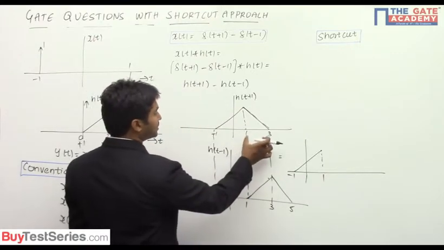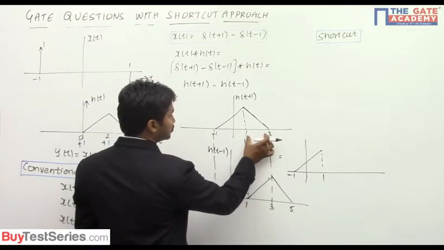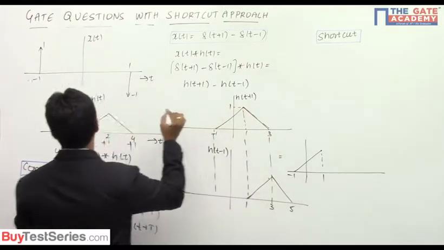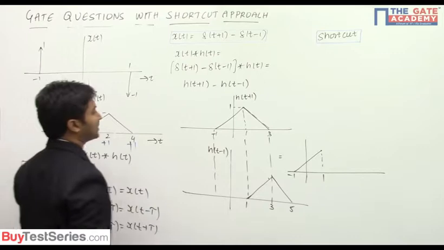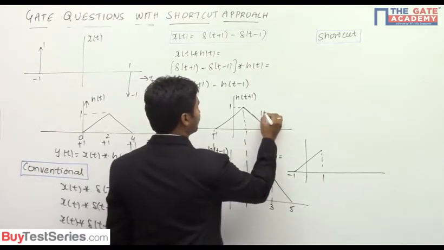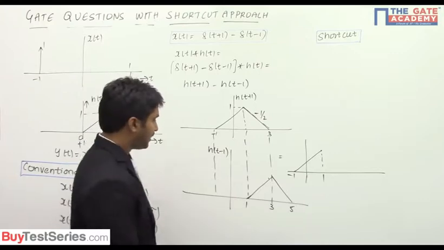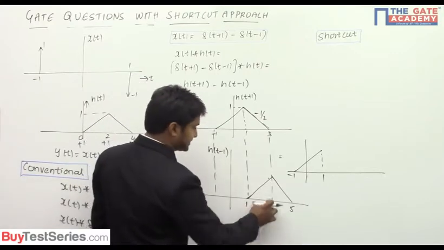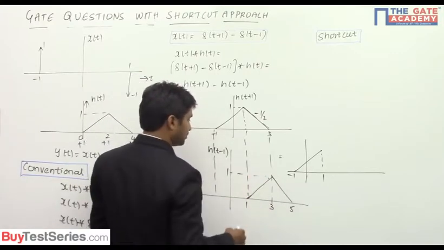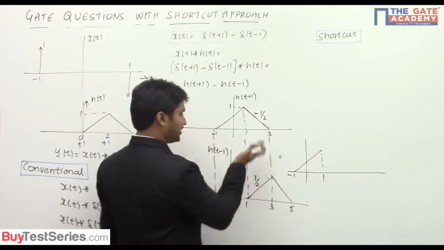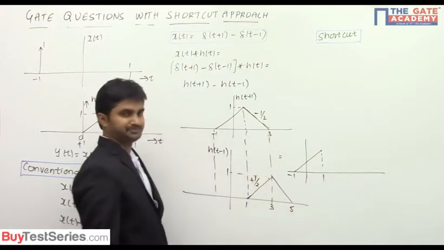What is the slope here? The change in x is 2 units, the change in y is 1 unit, because this is equal to the top 1. So the slope is going to be equal to 1 by 2. As you are coming down, the slope is minus. Here, the change in x is 2 units, the change in y is 1 unit, so the slope is 1 by 2. As you are going up, it is going to be plus.